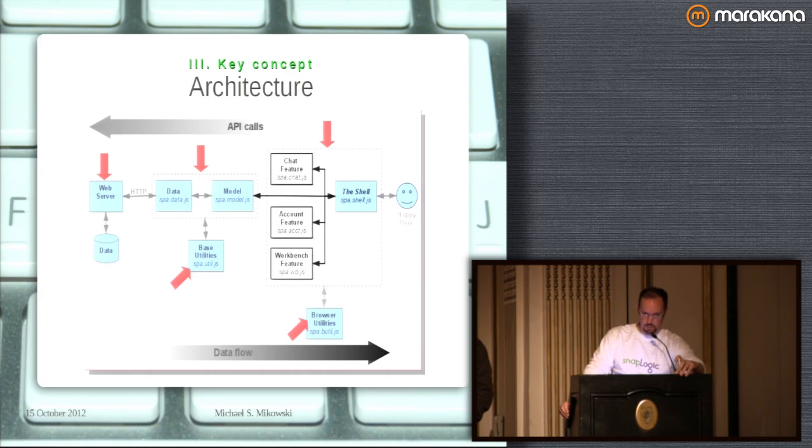And on the left, we basically have our data source in the web server. In between, we have various modules. There's a data layer that exists. That data layer knows nothing about any of the modules above it. In other words, we don't allow it to make any API calls to any of the modules that come after it, whereas all modules that come after it may call it.